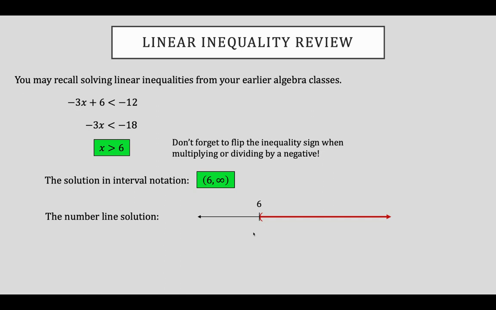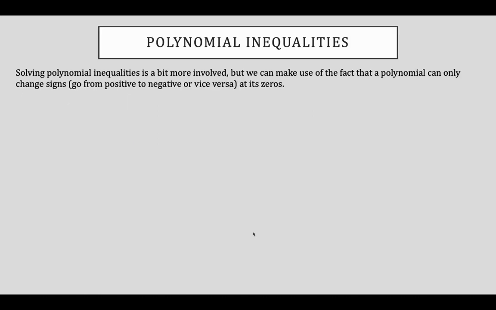So that's linear inequalities. Let's now talk about polynomial inequalities. Solving polynomial inequalities is a bit more involved, but we can make use of the fact that a polynomial can only change signs, meaning go from positive to negative or vice versa, at its zeros.